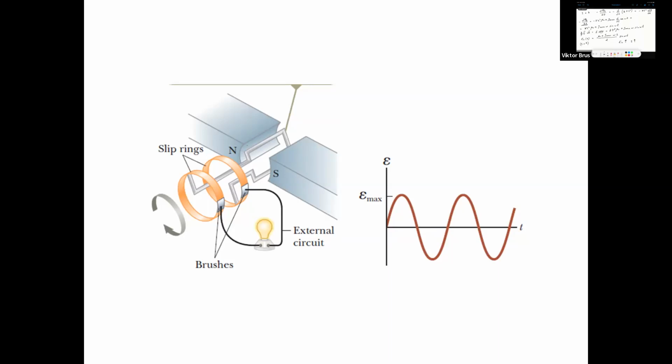It's not DC because it changes not only in magnitude but also in direction. In this particular case, we show the electromotive force: its polarity goes from positive to negative, then again becomes positive and negative. This is a classical example of an alternating current generator.